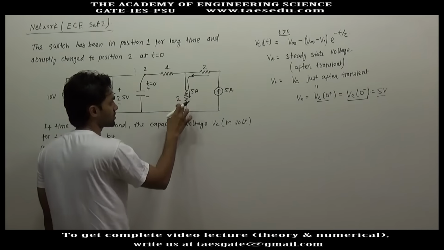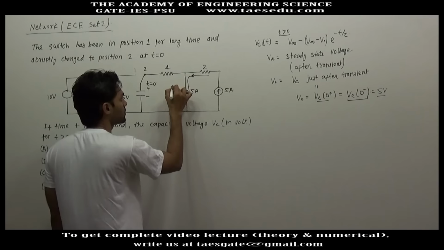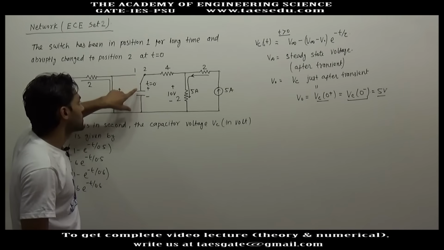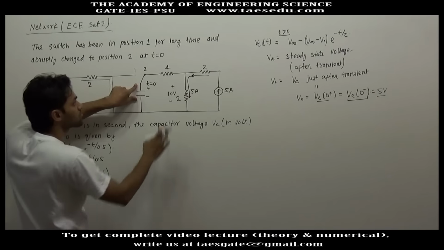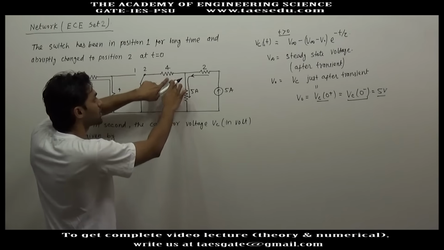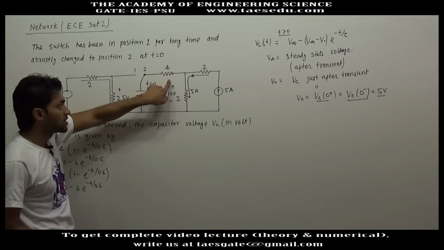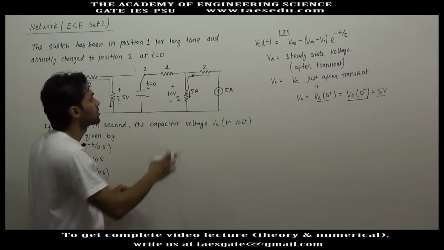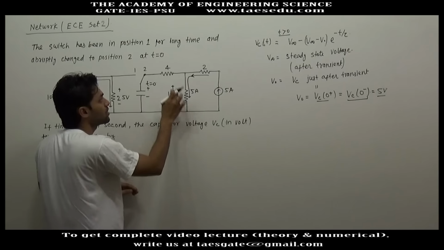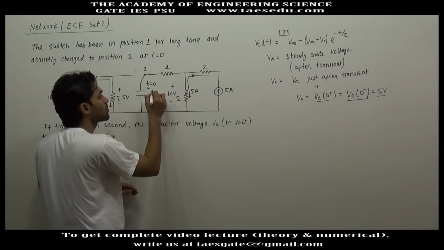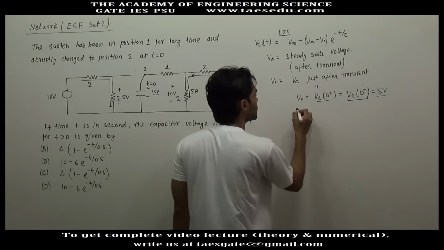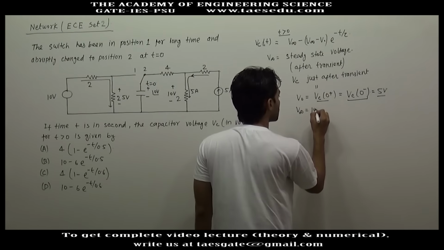So voltage across this 2 ohm resistance will be 10 volt. There is no current in the capacitor, so no current will flow through this 4 ohm resistance. If there is no current in this resistance, there will be 0 voltage drop. So here voltage difference is 10 volt, there is no drop, so here also voltage difference will be 10 volt. So V infinity is 10 volt.